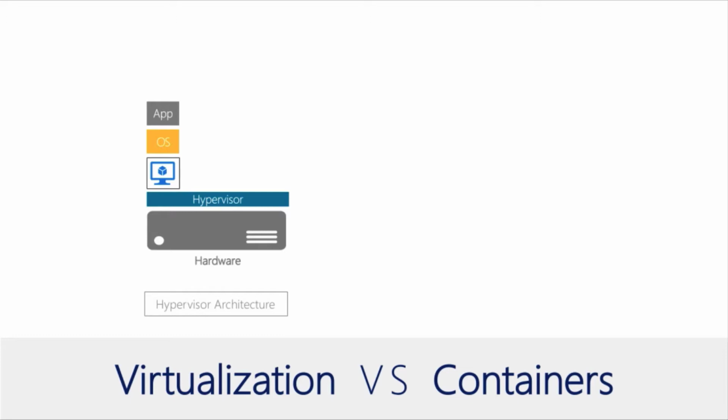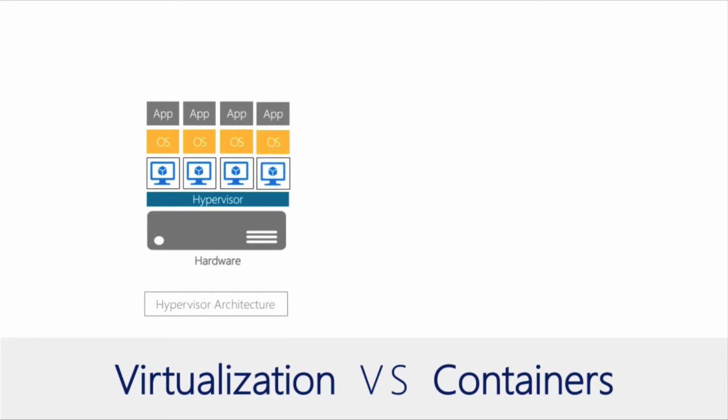The number of virtual machines that you can run on top of a physical machine will depend, of course, on the resource consumption of those virtual machines. On the other hand, containers abstract the operating system. So let's have a look at this.